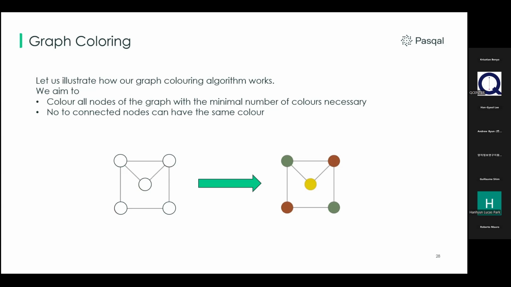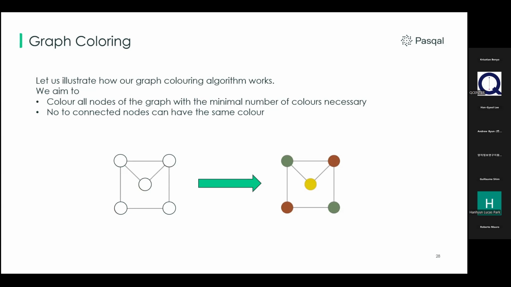To give you a bit more visual context for the graph coloring problem, as I mentioned, the objective is to allocate colors to the nodes of the graph such that connected nodes do not have the same color.